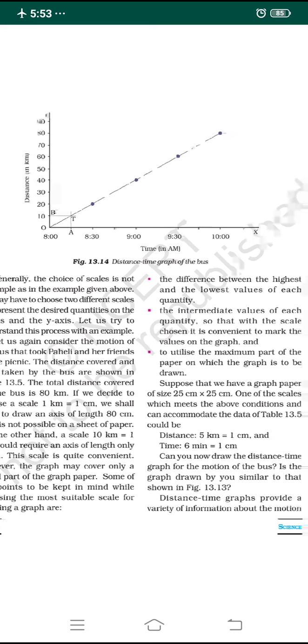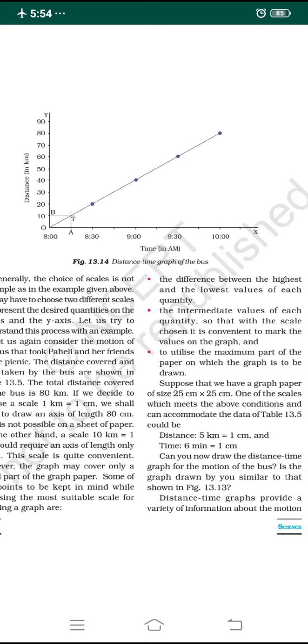Whenever the quantities have been given, you have to find the difference between the highest and lowest values of each quantity, and the intermediate values of each quantity should also be considered, so that with the scale chosen, it is convenient to mark the values on the graph.